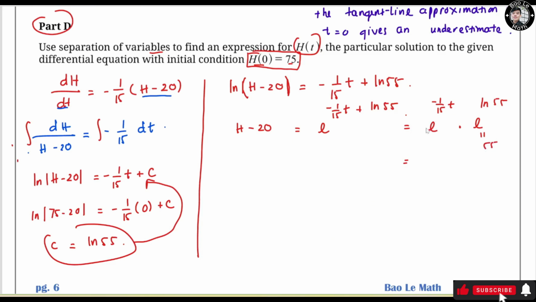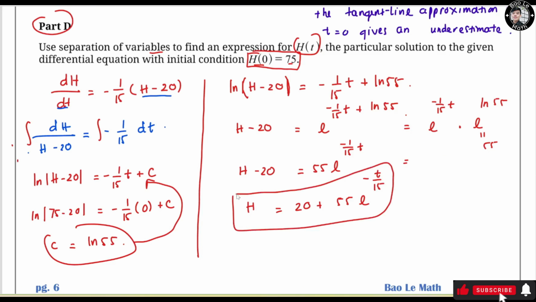So we can bring 55 to the front. We have h minus 20 equals 55 times e raised to the negative 1 over 15 t. Add 20 to both sides, so h equals 20 plus 55 e raised to the negative t over 15. This one is the final answer.